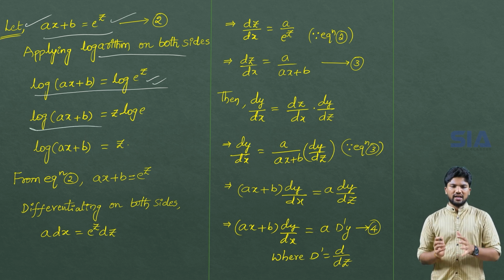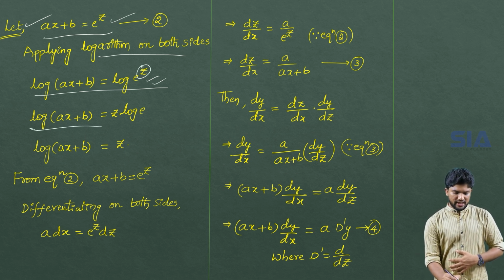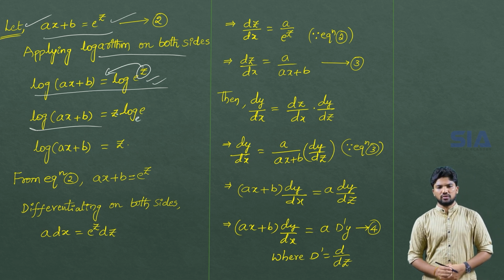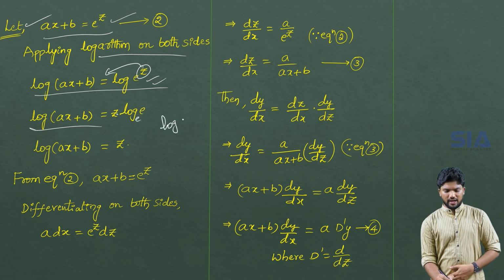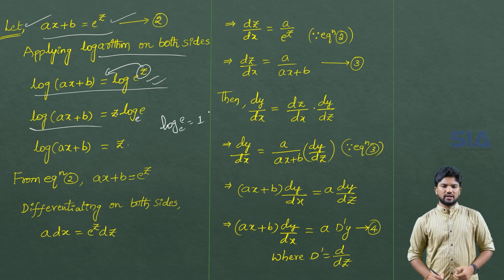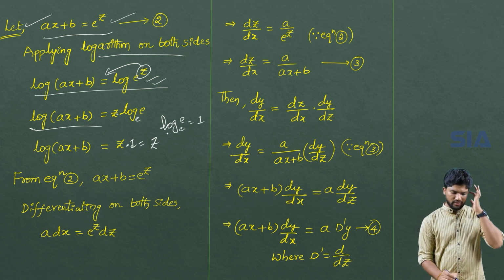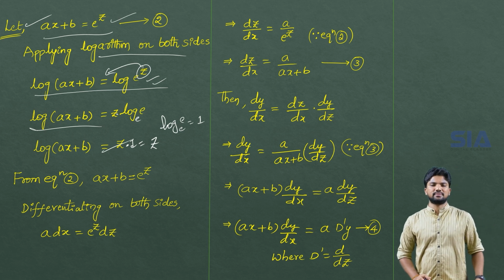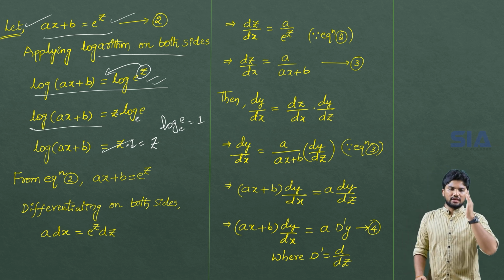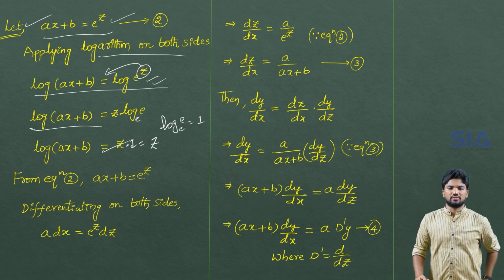So the logarithm of ax plus b equals z into log e base e. You know very well log e base e value is 1, Amma. So z into 1, again you will get z only. So we write log of ax plus b is equal to z. Just remember that value also, log of ax plus b is equal to z.